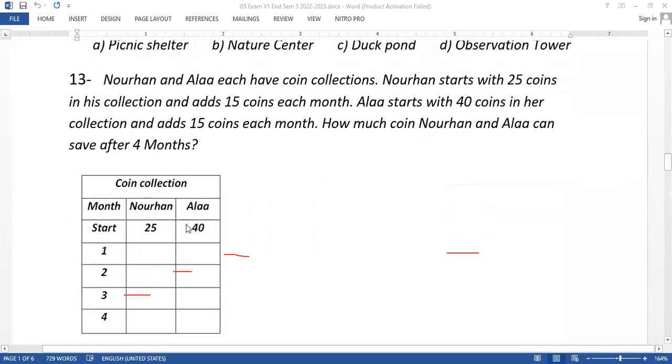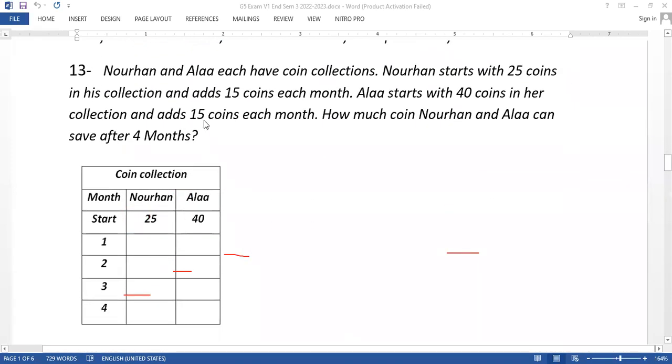Here we have a table. In the first month, 25 plus 15, she will have 40. Then plus 15, 55, plus 15, 70, plus 15, 85.